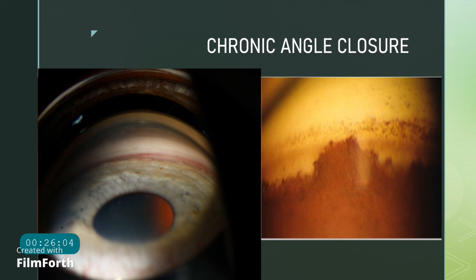And this picture again is telling you about the gonioscopy, but here the angle is seen, and you can see some deposition of the pigments also here. Then in this picture, what is more important, which I wanted to show, is the presence of neovascularization.